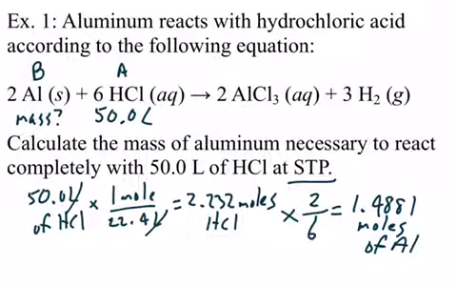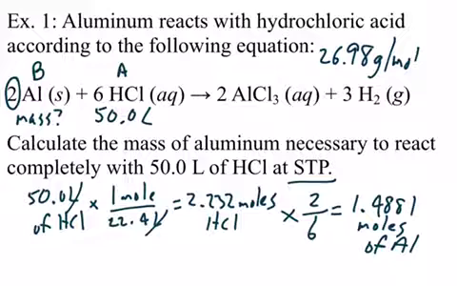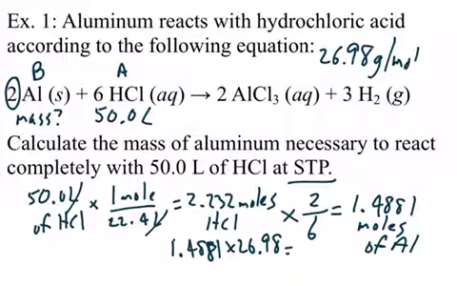Now remember what I've told you many times, never use coefficients to find molar mass. If you look at the periodic table, aluminum is simply 26.98 grams per mole. So if we get the moles of aluminum and we multiply it by 26.98, the moles will cancel, and we're going to get the grams of aluminum.